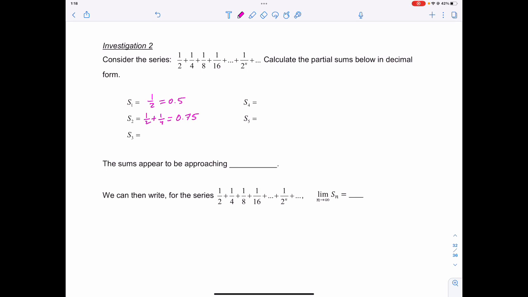When I add up the first three terms, that's going to give me 7/8 or 0.875. First four terms is going to give me 15/16 or 0.934. And then this is going to give me 31/32 or 0.96875.